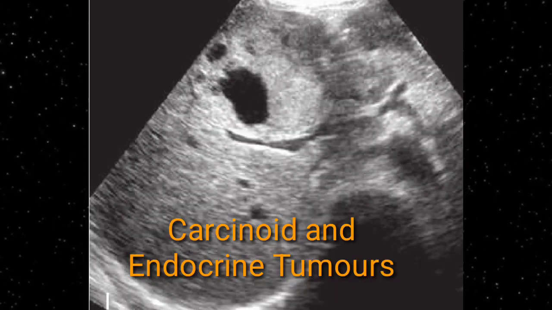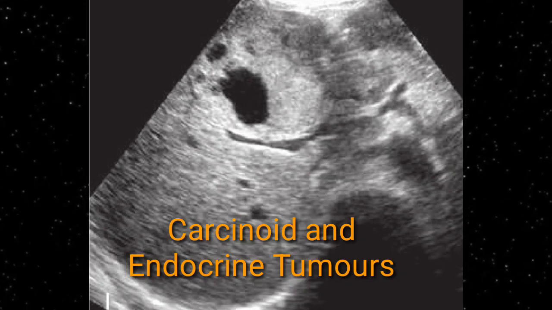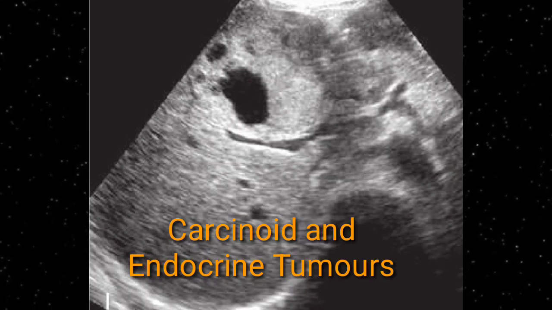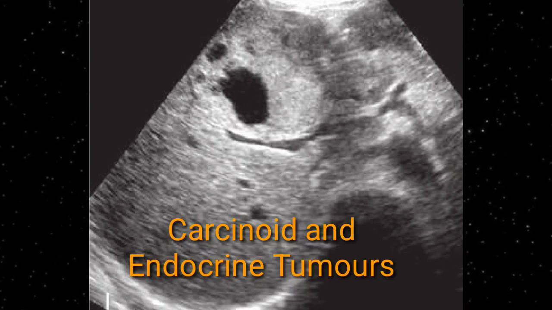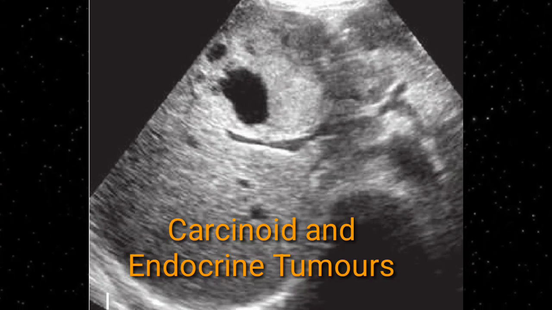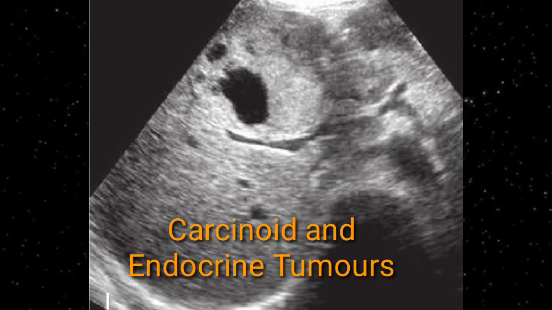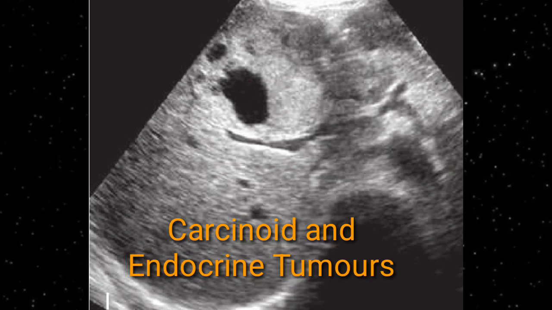Carcinoid and endocrine tumor cysts will also appear as complex cystic lesions. On this slide you can appreciate a cyst, but if you look around the cyst you can appreciate a response of interface which is slightly hyperechoic. The cyst itself is simple, there is no intramural content, the wall is almost regular.